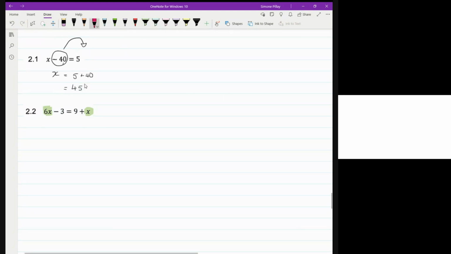Meaning I'm going to take this and transpose it over there. But also, I don't want this random constant on the side with my variables, so I'm also going to transpose that. What I get is 6x minus x. Remember, when we transpose, we can take it over to the other side, but the sign changes. Then I'll have 9 plus 3.